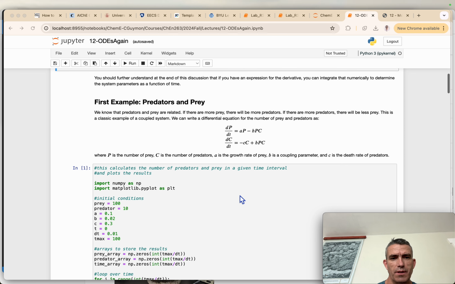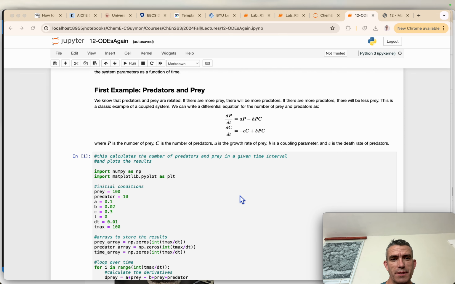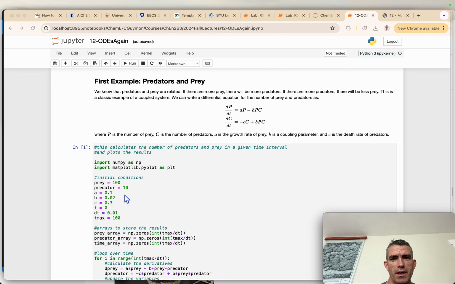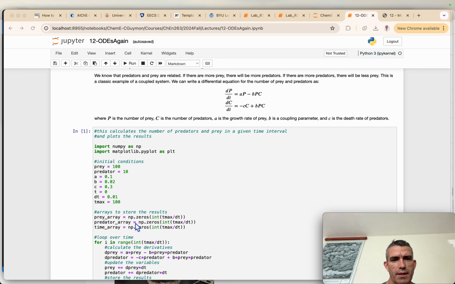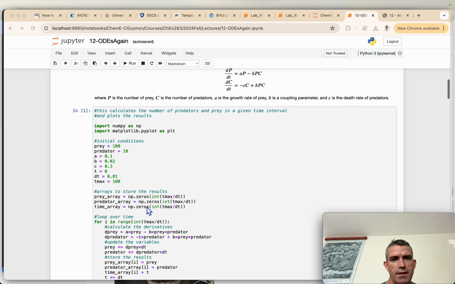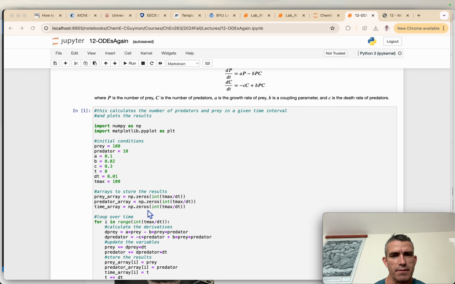So we're just going to solve this with Euler's relationship, and we're going to specify some parameters for A, B, C, and D as I've defined here, and then also a step size, we learned that last time, and a maximum time. And then we set up our arrays of zeros given the maximum time and the time step.